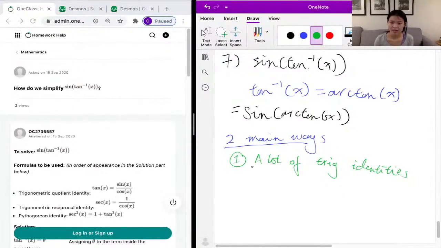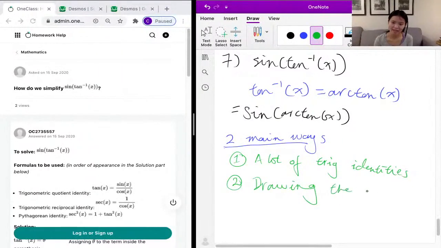But to me, it's kind of confusing and not as intuitive as the other way of solving this problem, because you need to memorize all the trig identities and get your head really clear about what they mean, which is just not as easy. The second way is just drawing the triangles.